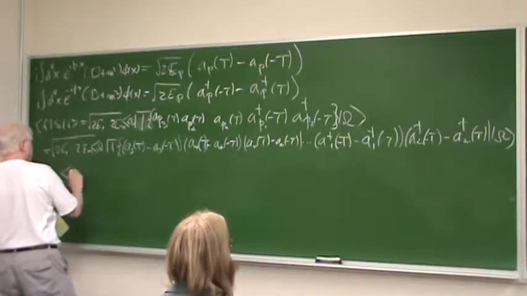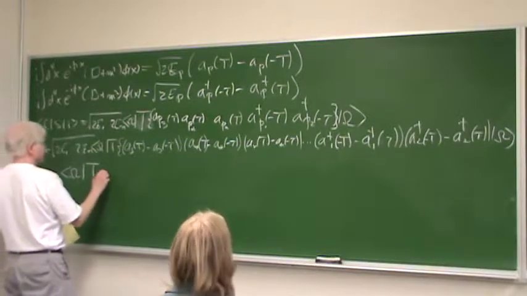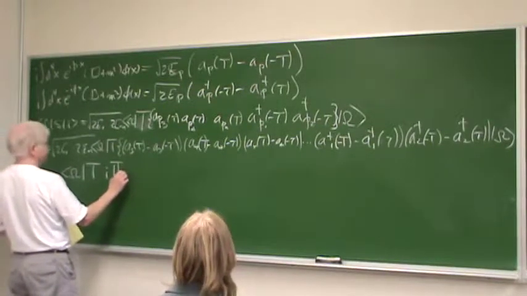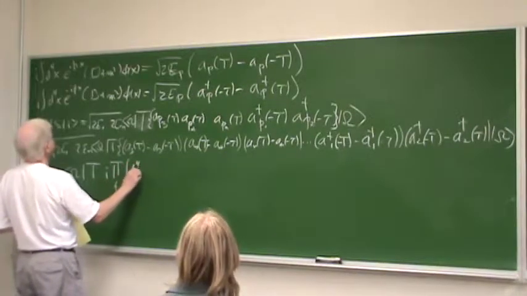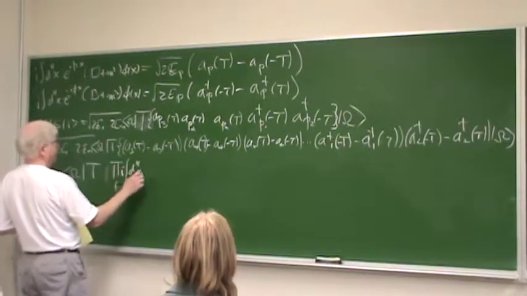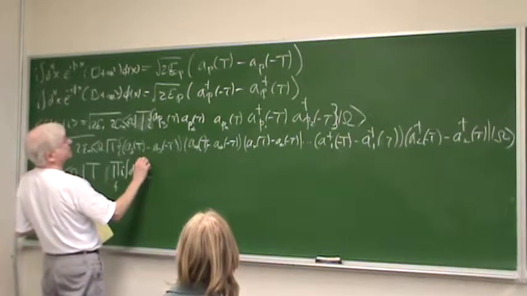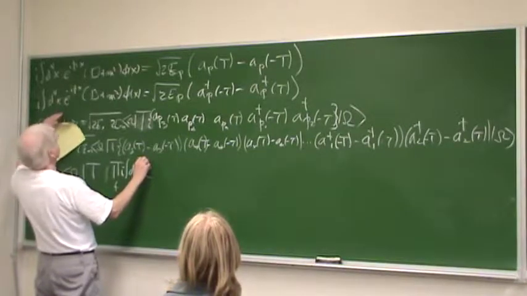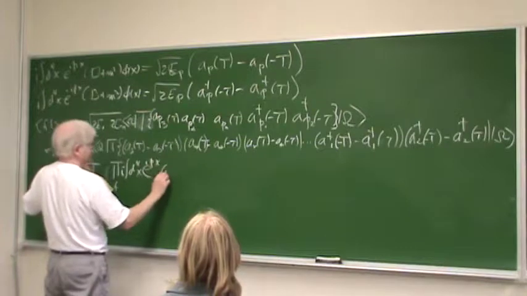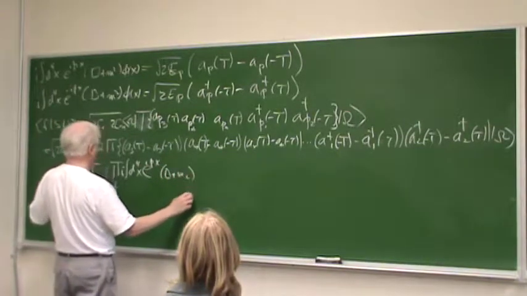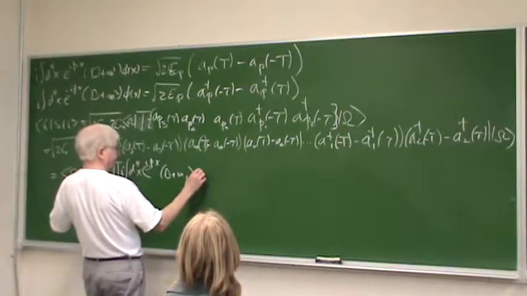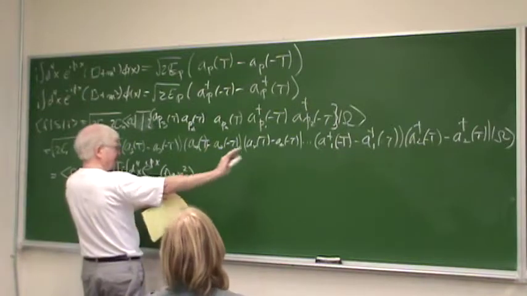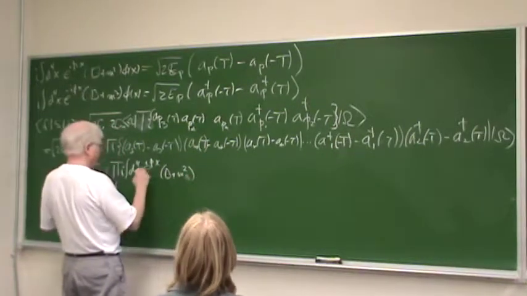And so altogether we get omega, time-ordered product, i, product of final states, integral d4x, e to the i p x, box plus m squared, and I'm going to put the phi's later, and time ordering will fix everything.